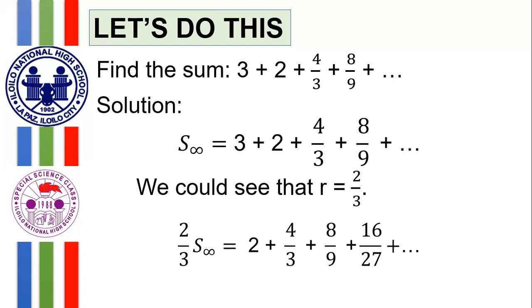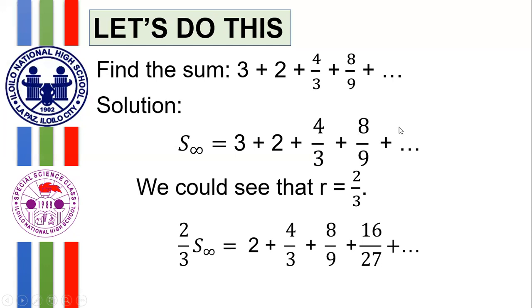What we do next is that you could see that there are common terms: 2, 4/3, 8/9, and so on. You might say, sir, there's no 16/27 here. No, remember, this is infinite. So it's understood that there is a 16/27 as a term here.